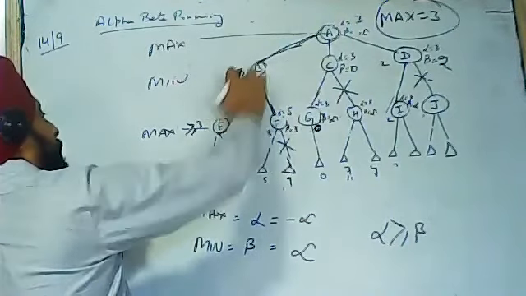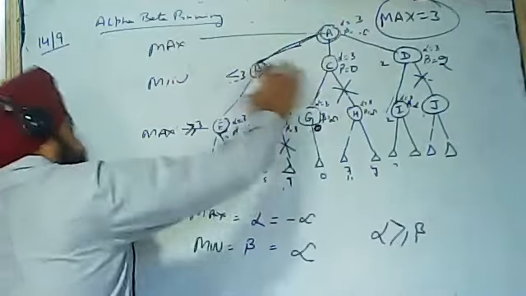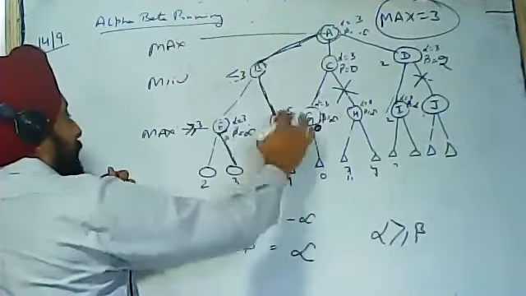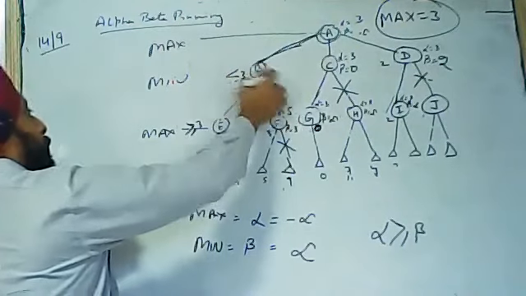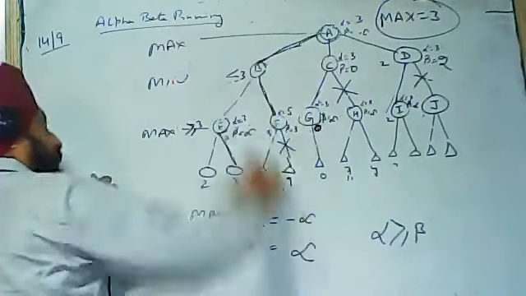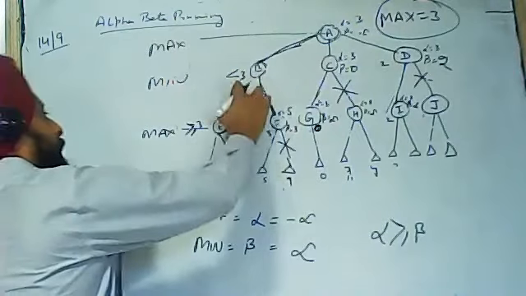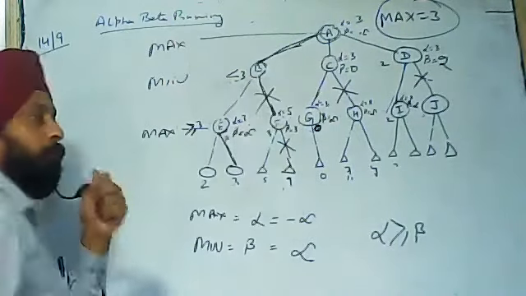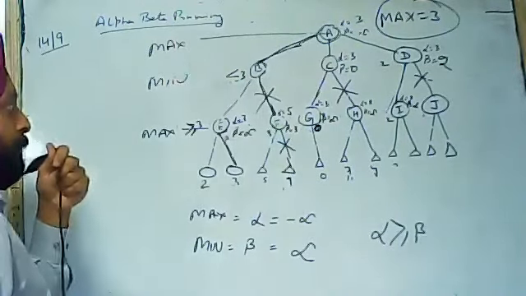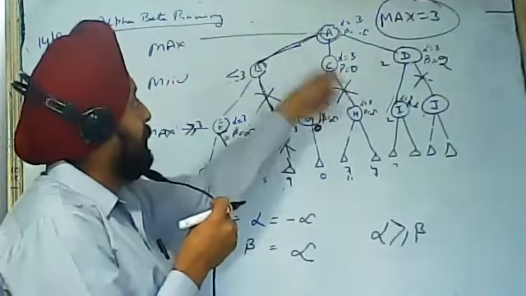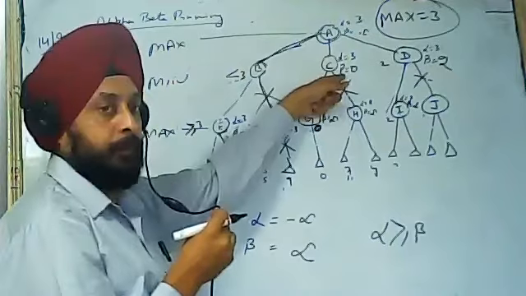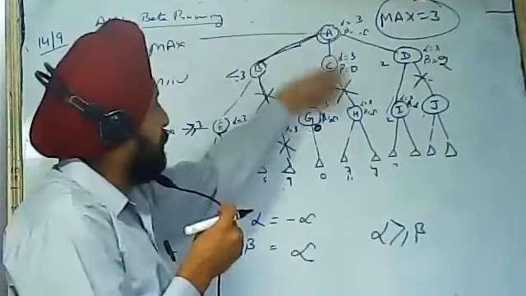So it was fixed. You saw that this branch was providing either 5 or 9, but the minimum it can get is 3. So this branch is not providing any value less than 3, so this branch was pruned. Here also this 0 became here. So this branch is getting 0, so it can get any value less than 0.